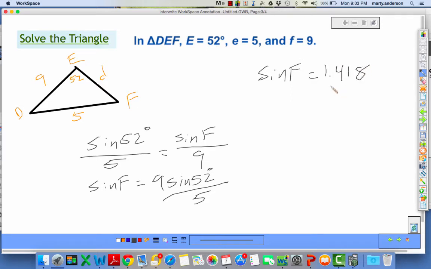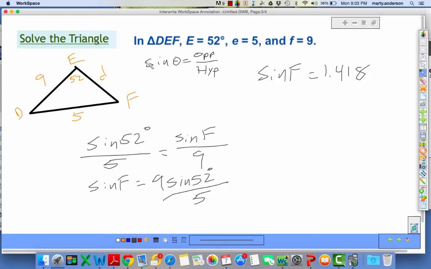Now, let's think about this for a minute. SOHCAHTOA. Sine of any angle is equal to the opposite over the hypotenuse for right triangles. And we're still talking about the same sine here, a ratio of opposite over hypotenuse.